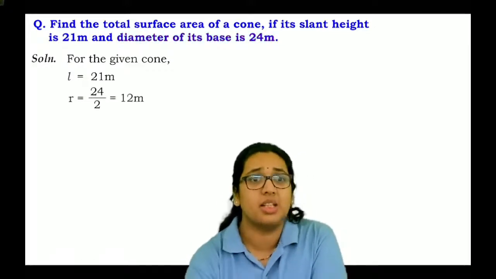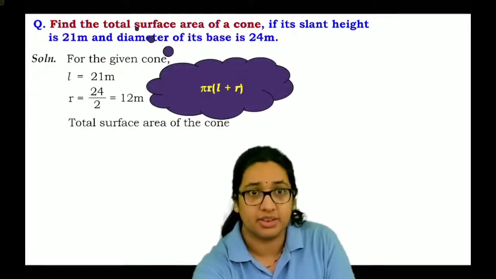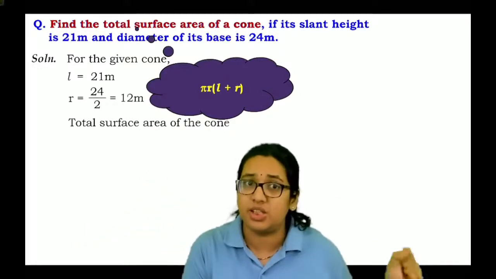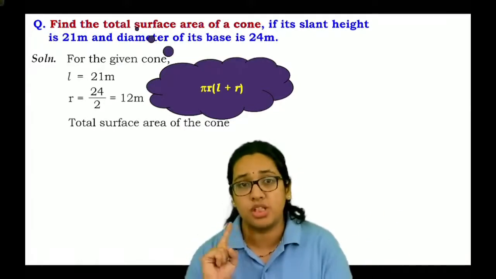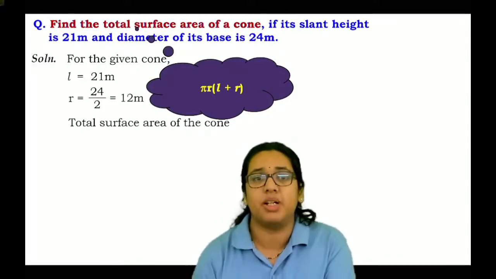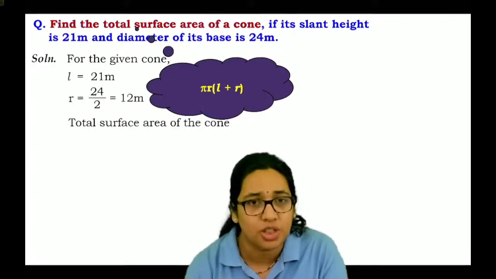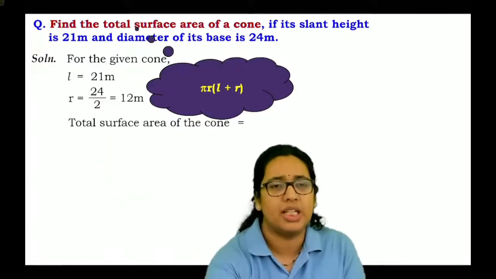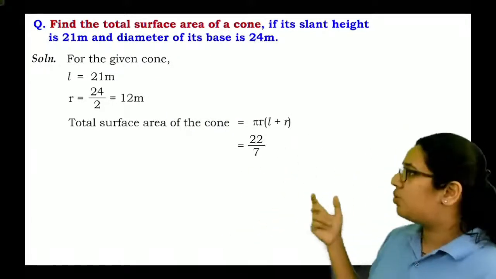So r is nothing but diameter upon 2, which is equal to 12 meters, and we have to use the formula for total surface area. So the total surface area of a cone is nothing but pi into r into (l plus r). If they ask only the curved surface area, you use pi r l, right? But total surface area is curved surface area plus the area of the circular face, which you also have to add. So now you have the values of L, r and the formula, pi r into (L plus r).